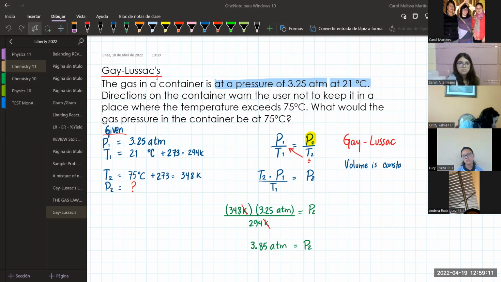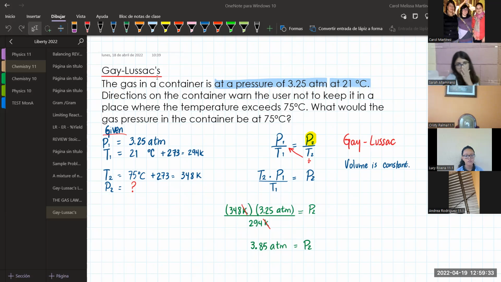Another thing to say about Gay-Lussac is that because the volume is constant, and the temperature of the gas inside the container has increased, that increase of temperature will cause the particles to move faster. Moving faster increases the internal pressure.